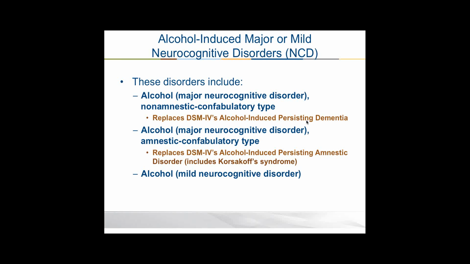Typically, Korsakoff syndrome is preceded by a week or two of Wernicke's encephalopathy, which is a delirium that involves a disorder of the brain, delirium affecting brain tissue, that ultimately resolves into Korsakoff's syndrome. The Wernicke's disappears, the delirium disappears, and it's followed by a dementia or a major neurocognitive disorder.